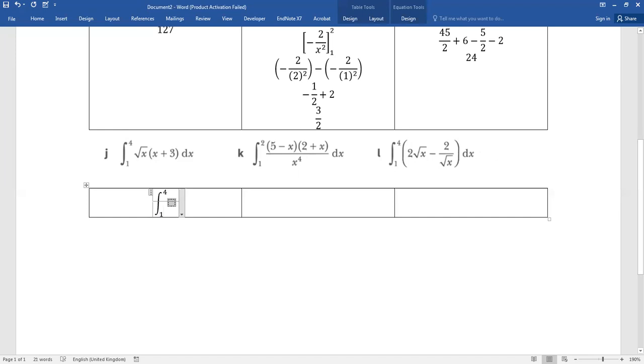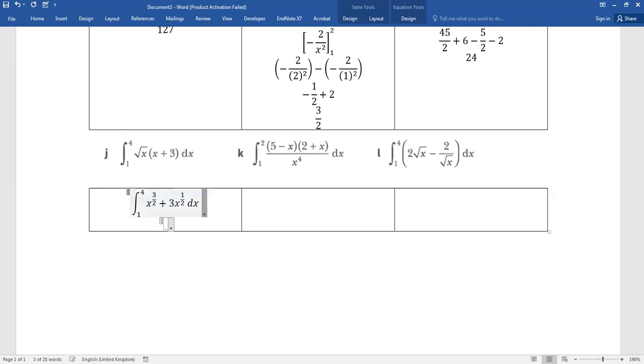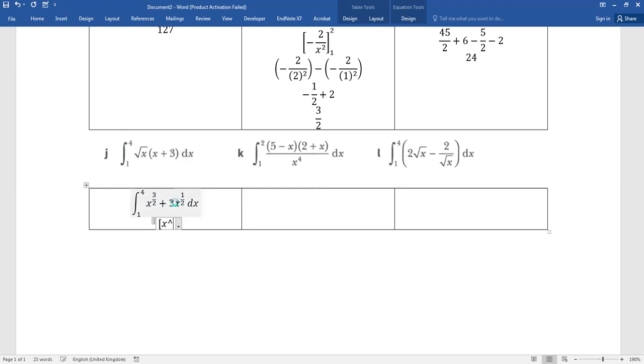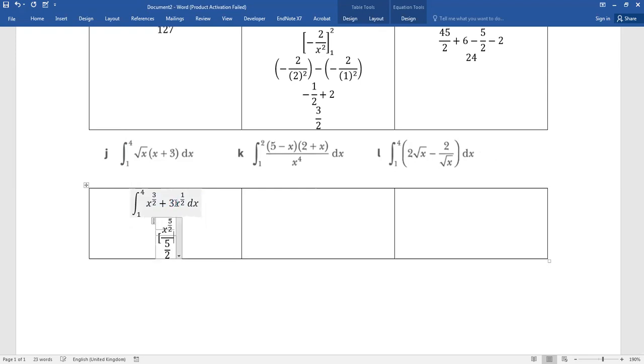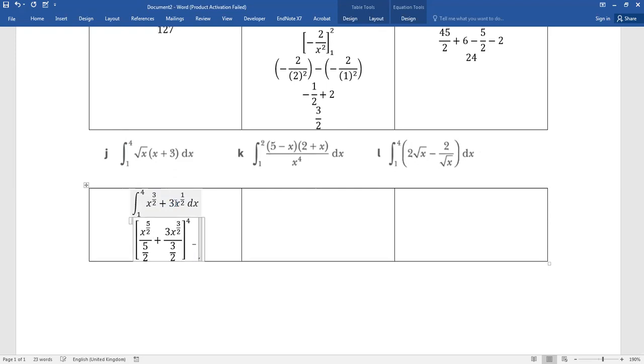Simplify the expression. We'll get x to the power 3 upon 2 plus 3x to the power half dx. Now let's start integrating. X becomes power 5 over 2 divided by 5 over 2, plus 3x to the power 3 over 2 divided by 3 over 2. Upper limit is 4, lower limit is 1.